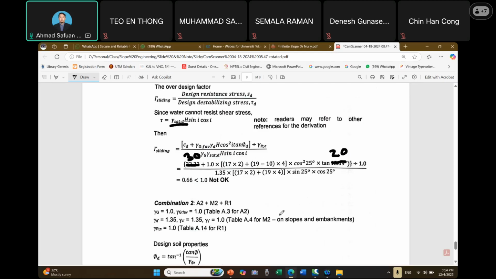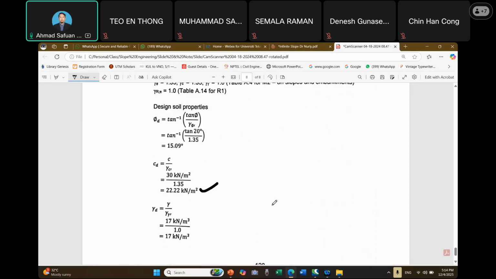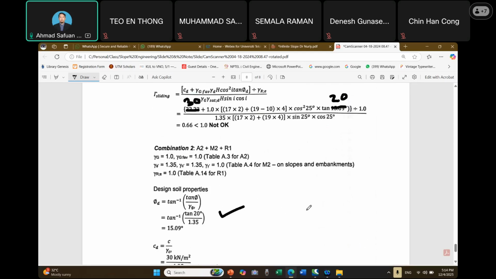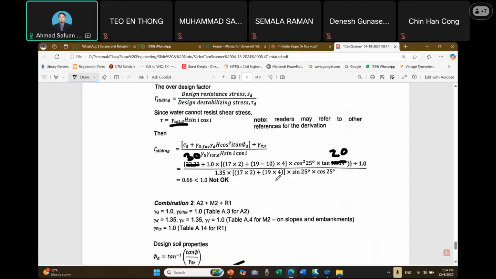Tangent 15.09 is from combination 2. So what we gain is not 0.66. Then we need to calculate again.